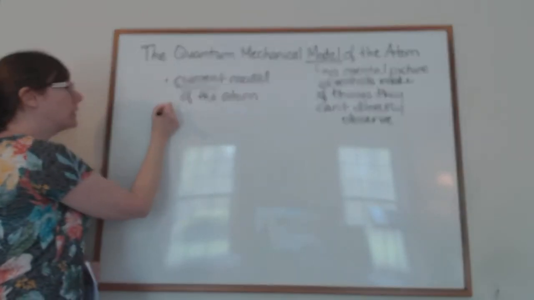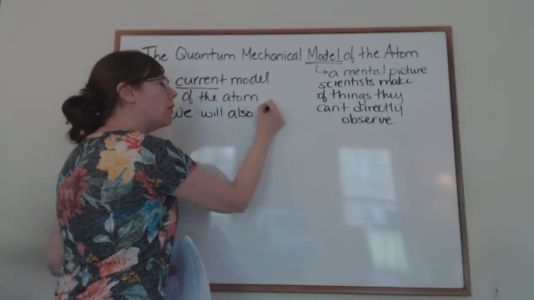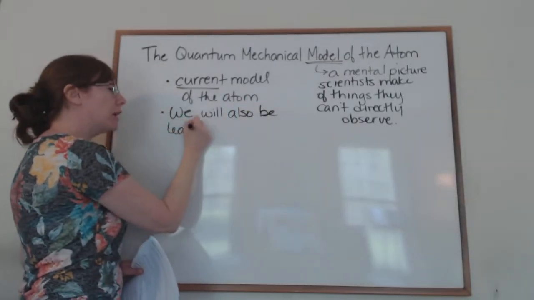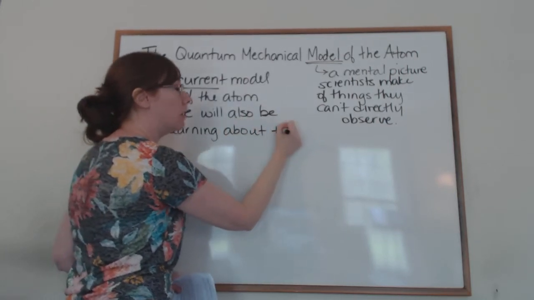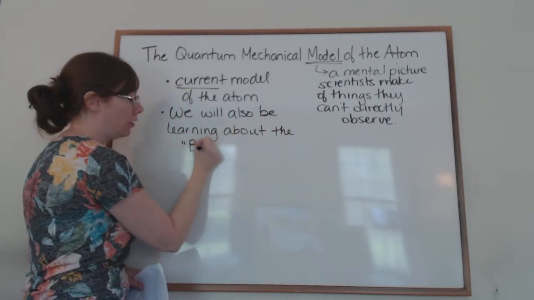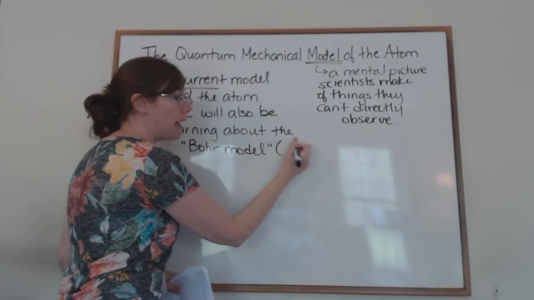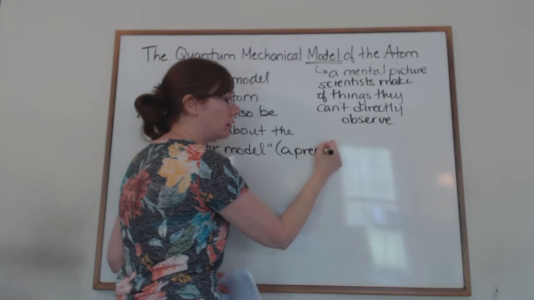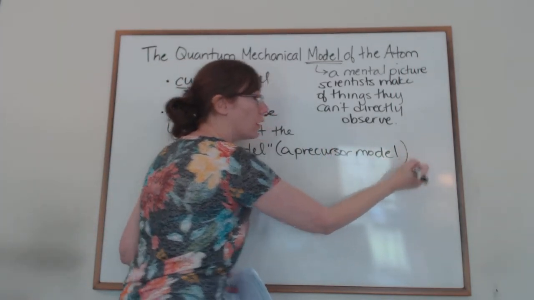We are also going to be learning in this chapter a very significant precursor, and that's called the Bohr model, which is a precursor model. This is the one that used to be accepted.